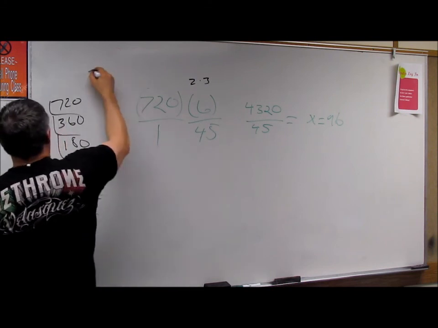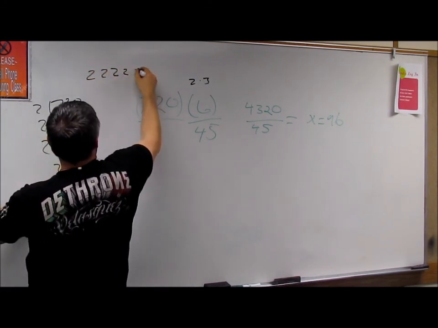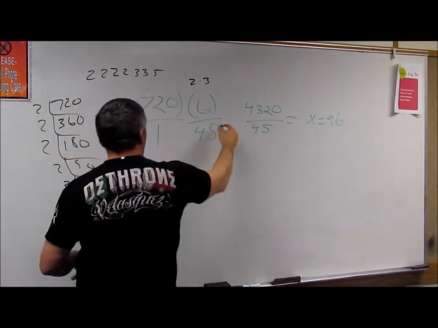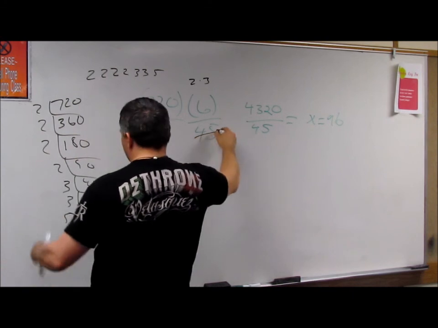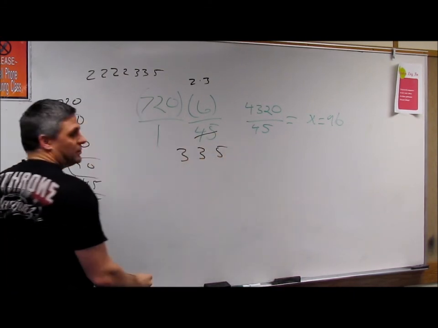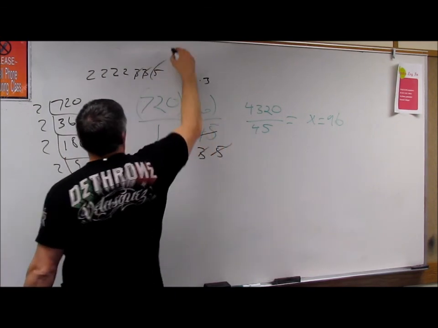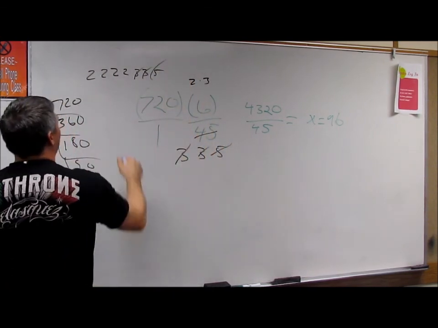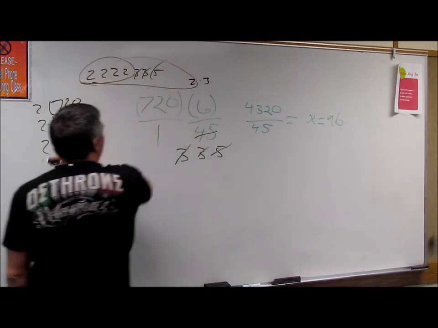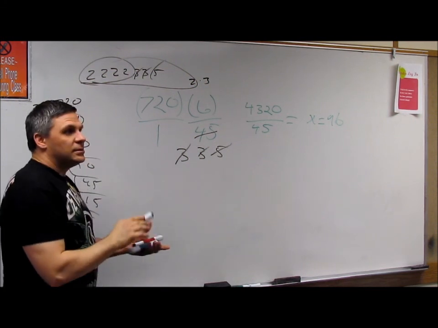So you've got 2, 2, 2, 2, 3, 3, 5, all over 45, which breaks down into 3, 3, and 5. Then we cancel, and the 5 2s times the 3, you get 96.